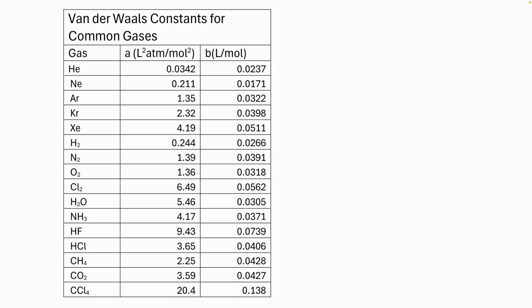Here is a list of those constants a and b for a bunch of different gases. Again, a is our pressure correction, and b is our volume correction.